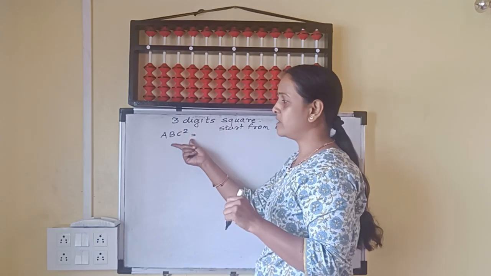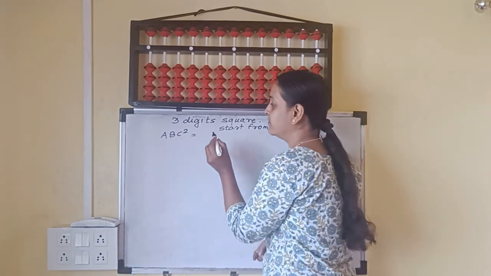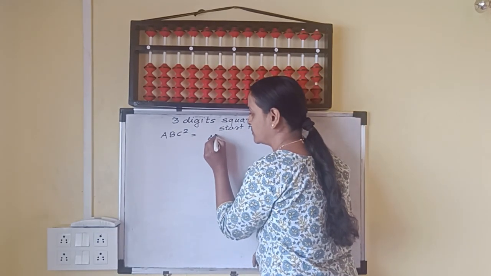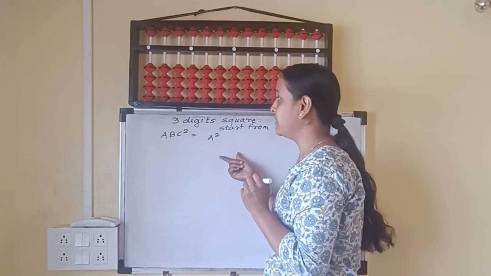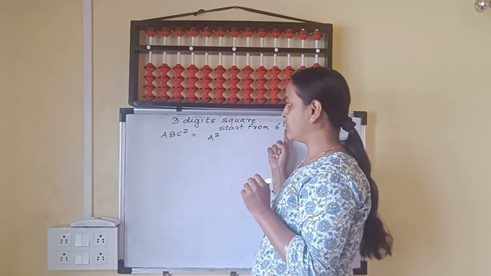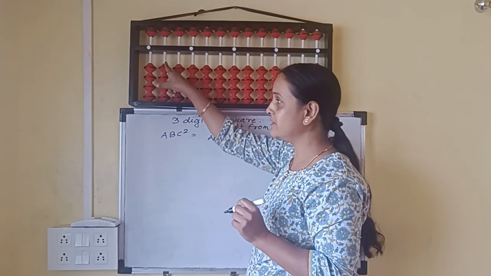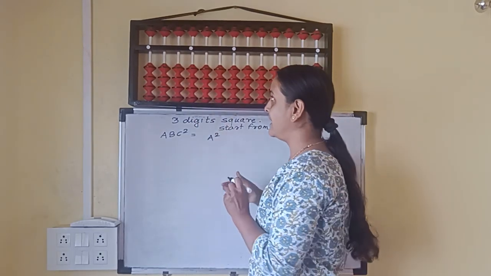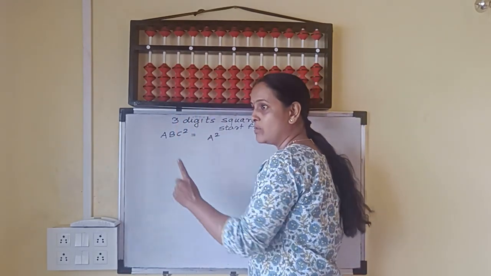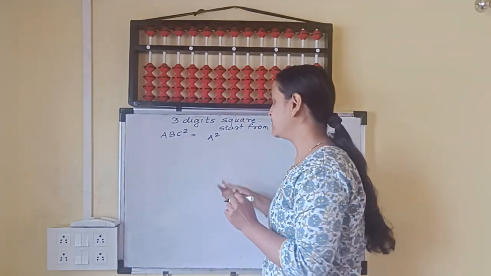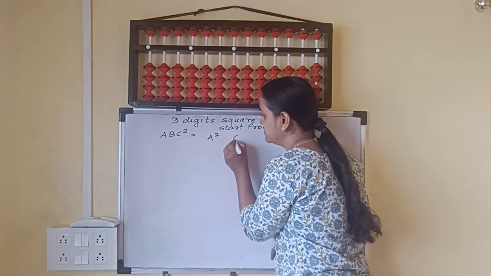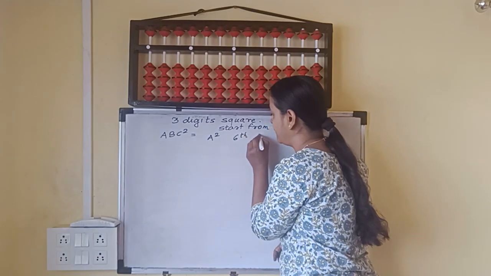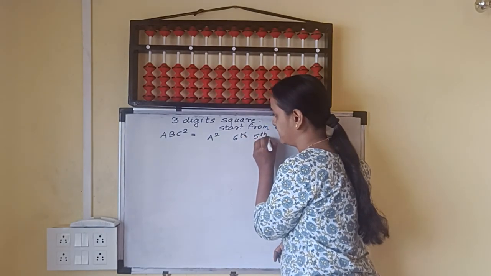What is the first step? The first step is A square. We go to the sixth rod and add A square. Always put the answer of A square on the sixth rod and fifth rod only.